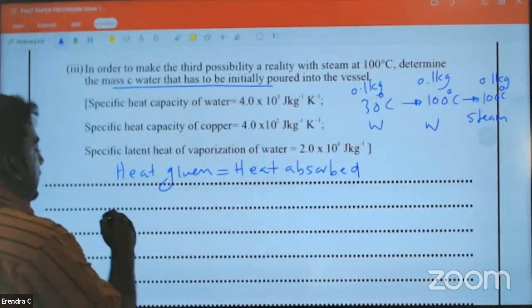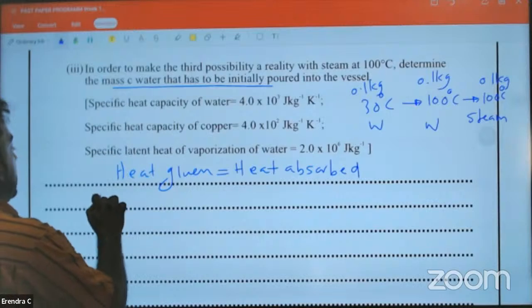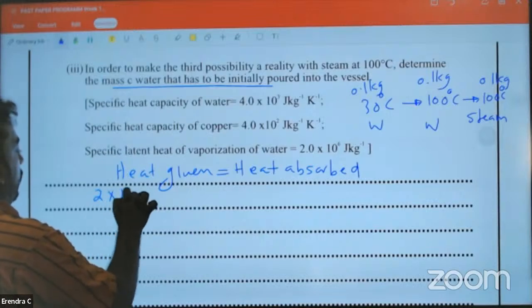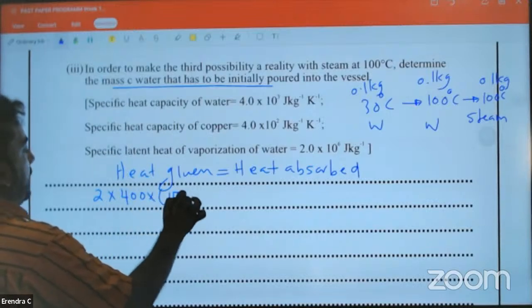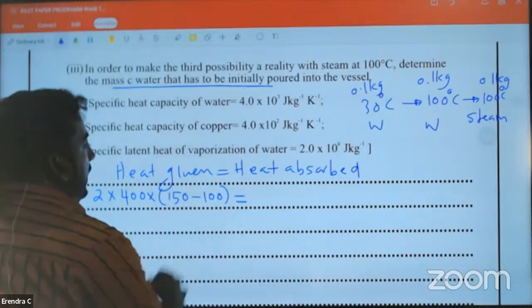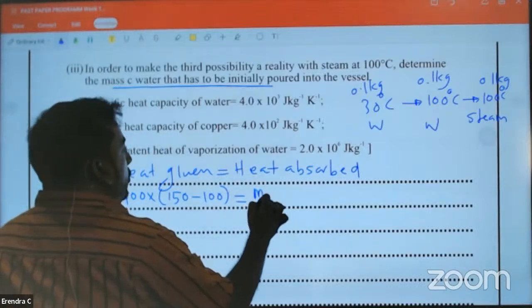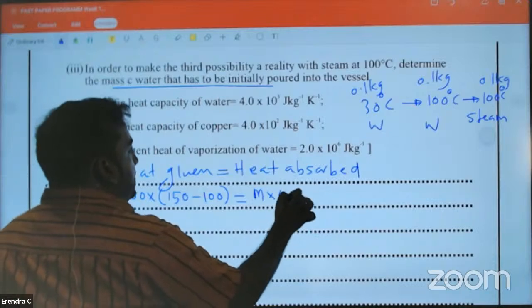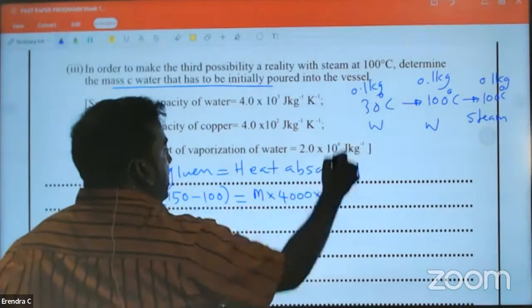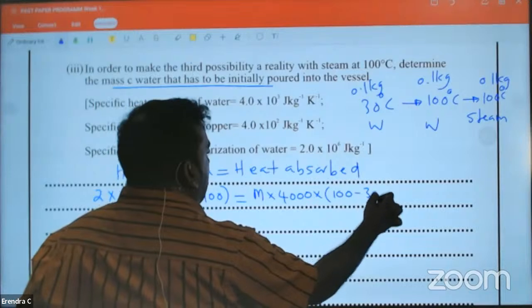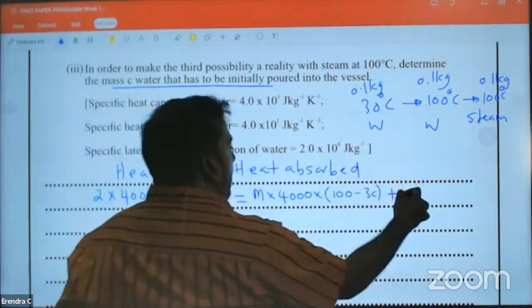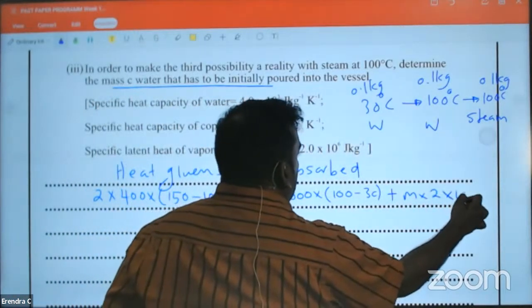So heat given is by the calorimeter: 2 kilogram, 400, 150 minus 100. Heat is absorbed by the steam. How much water must you pour? M times specific heat capacity of water, change in temperature 100 minus 30, plus everything will vaporize, M times 2 10 to the power 6.